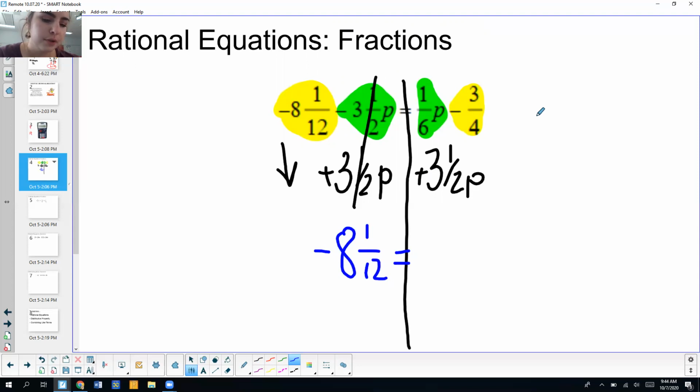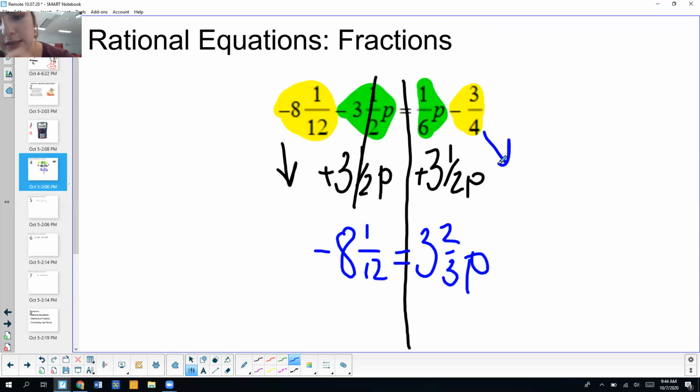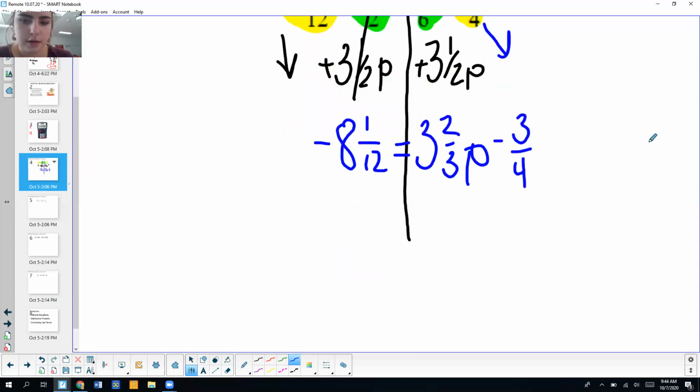So 1/6 plus 3.5 is going to give us 3 2/3 p. And then I'm also going to bring down my other constant, -3/4.